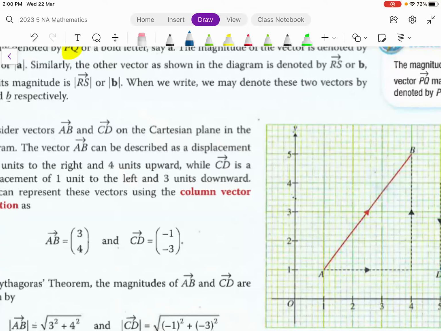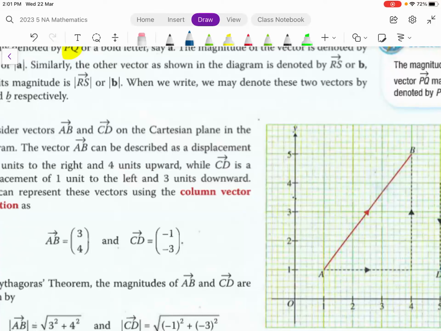How about this? CD is (-1, -3). Without looking at the diagram, how many units are we moving horizontally? -1. Right? So -1 units to the right. Wow, so confusing.